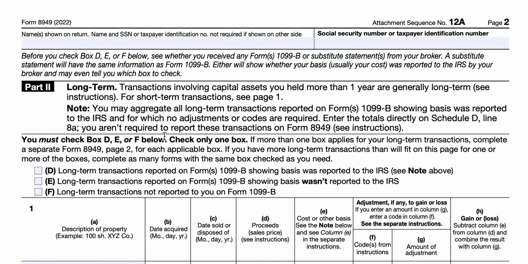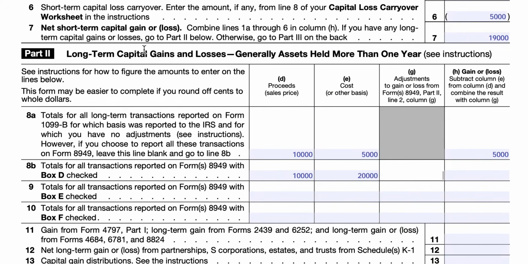So again, the increase in the amount of paperwork you would need to have to either reconstruct your basis or to document the transaction. You're going to need that. So in this case, we're reporting a loss of $10,000.